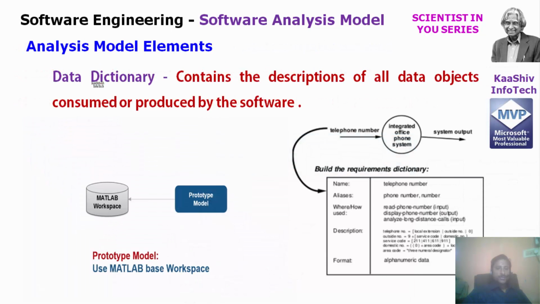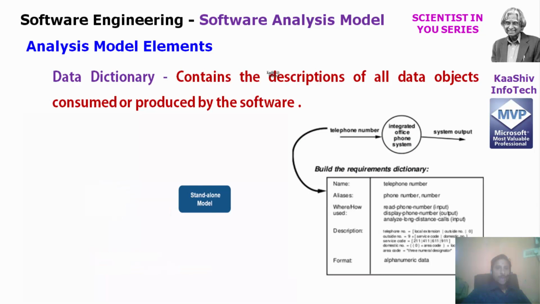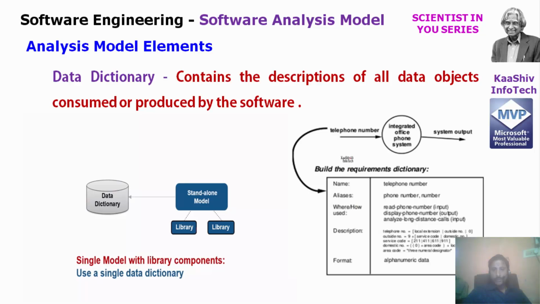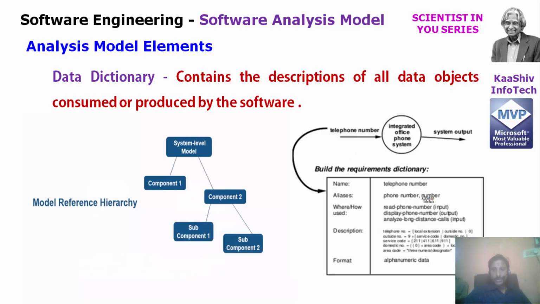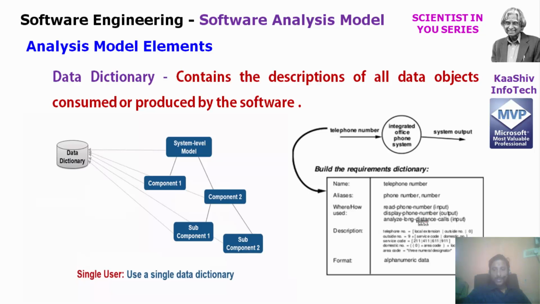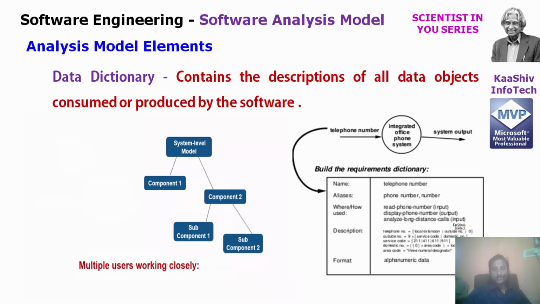A data dictionary provides the description about the data which is used by the software. A typical example I brought here is the telephone number. The alternative names for telephone number are phone number and number. Then, where I'm going to use it and how I'm going to use it: I can get the telephone number as input, I can display it as output, and analyze the calls and duration.